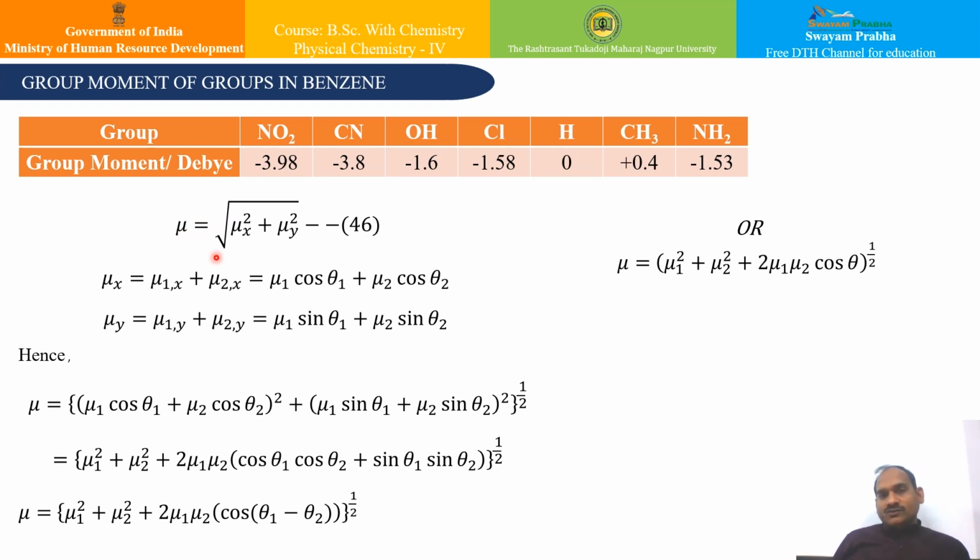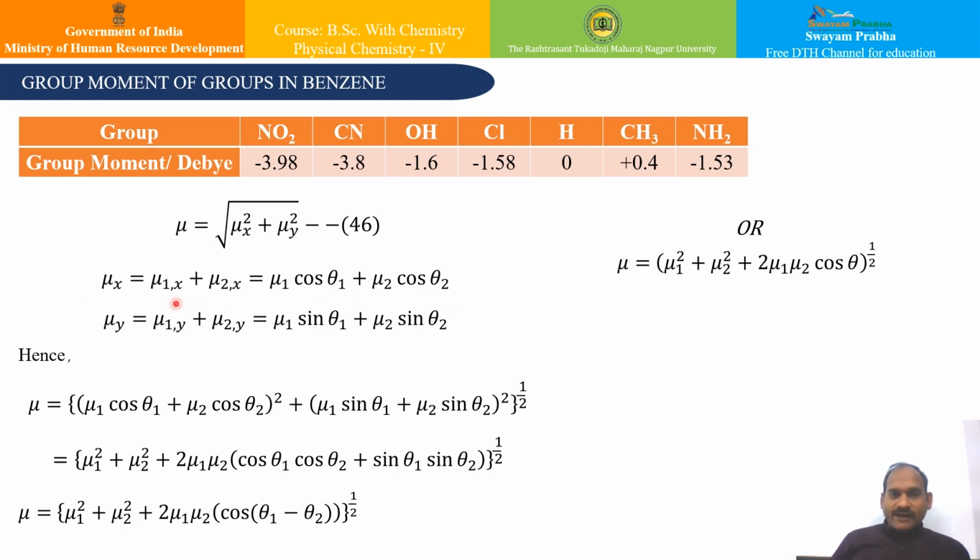So if I have theta 1 and theta 2, these are the two angles for the dipole moment of the first bond and the dipole moment of the second bond with the x axis.